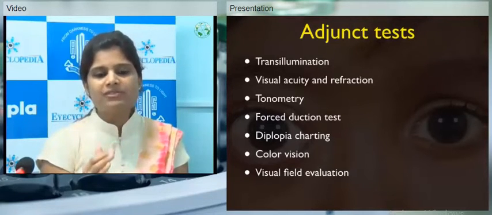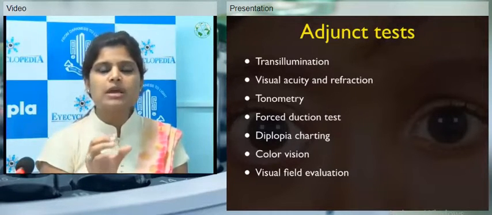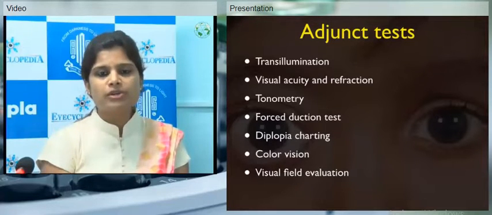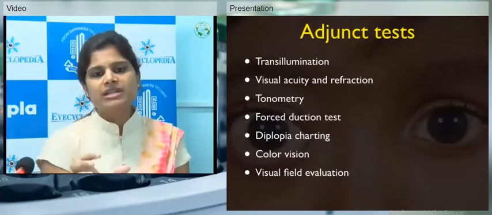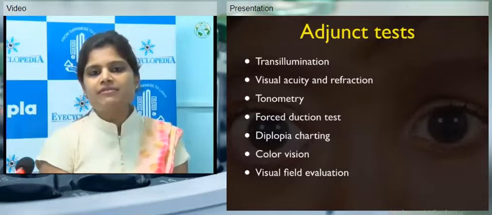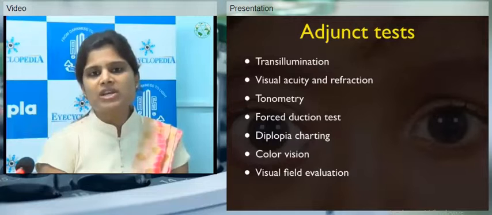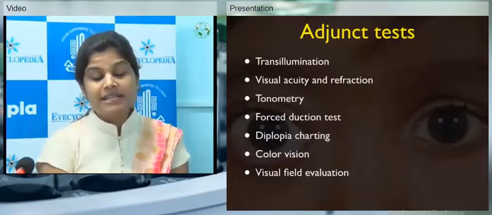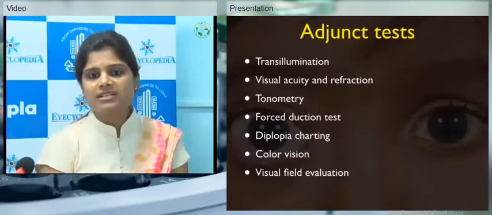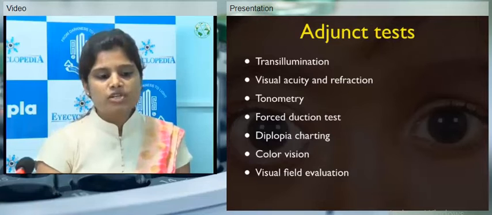But if the difference is more than 6 millimeters of mercury, it is significant. This differential intraocular pressure is positive if the patient has significant enlargement of the inferior rectus muscle, which is commonly seen in thyroid eye disease, and this is called Braley's sign.